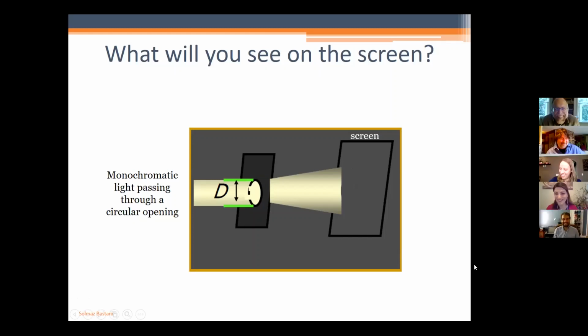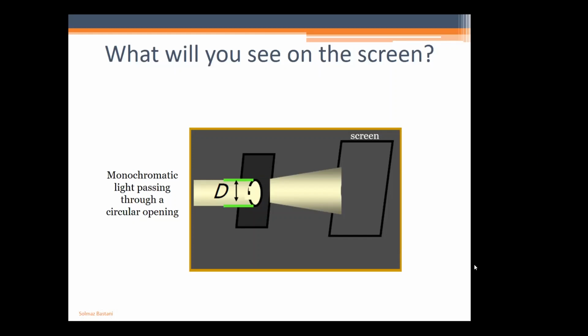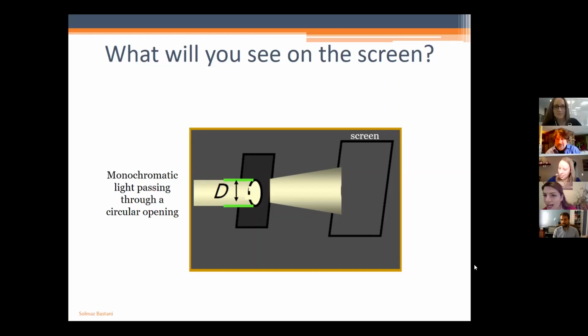Feel free. Anybody sharing? I think it's basically just like a larger, dimmer circle, right? Let me see it again. It's just a circle, but that's basically what I was thinking.